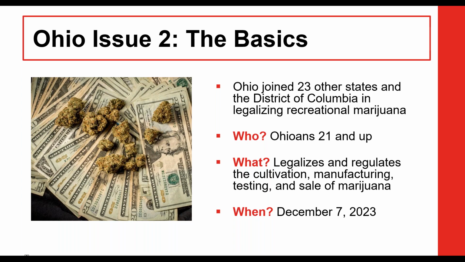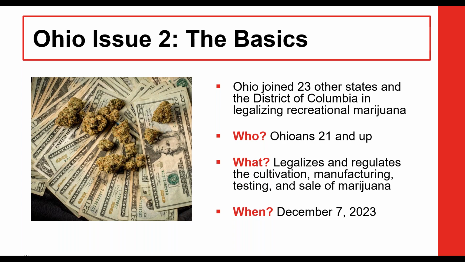And it's worth noting that Ohio's top cannabis regulator, the Ohio Division of Cannabis Control, recently said that they anticipate there could be up to 250 to 300 marijuana dispensaries selling product for adult use by September 2026.